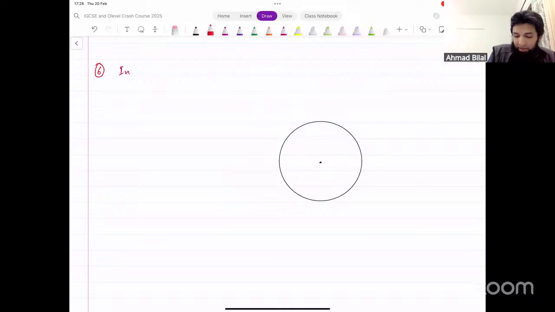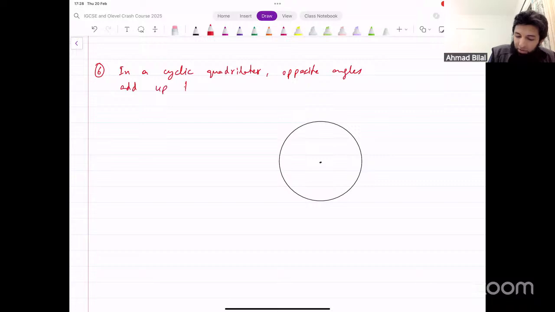In a cyclic quadrilateral, opposite angles add up to 180. We call these supplementary angles. Angles that add up to 180, there's a name that we have for them. They're supplementary angles.